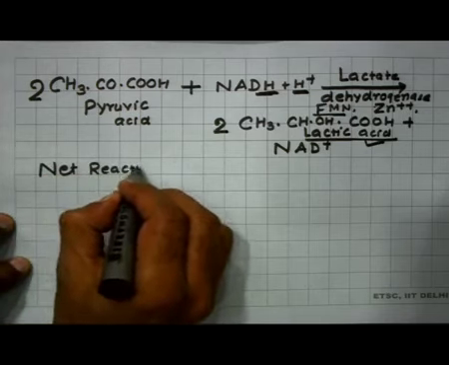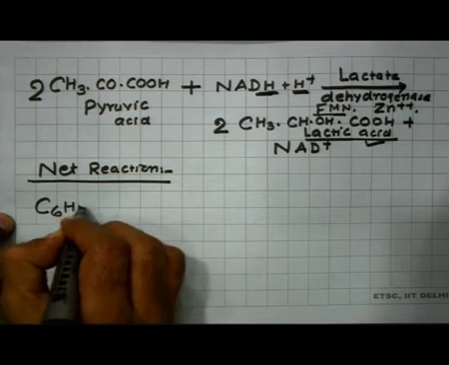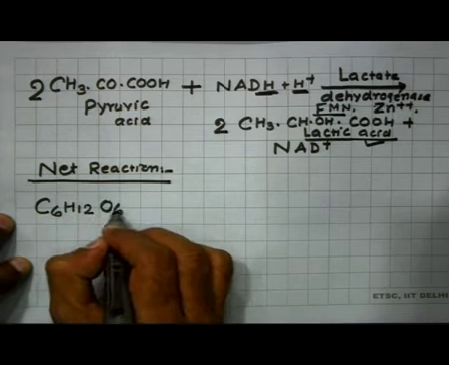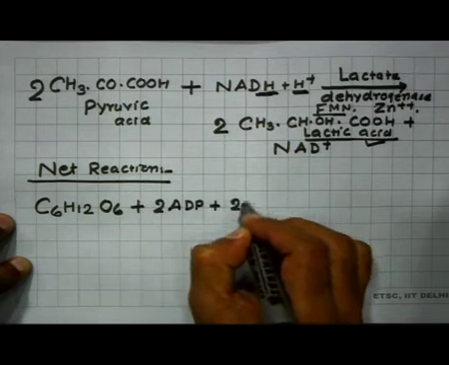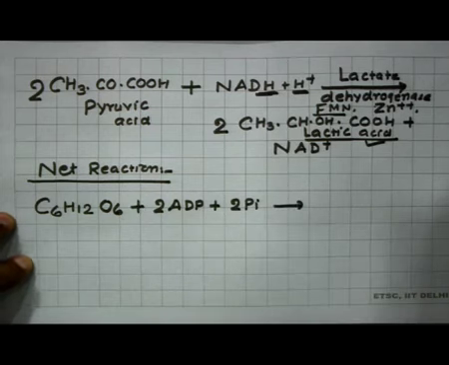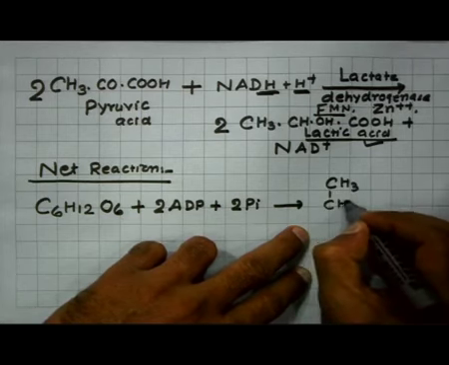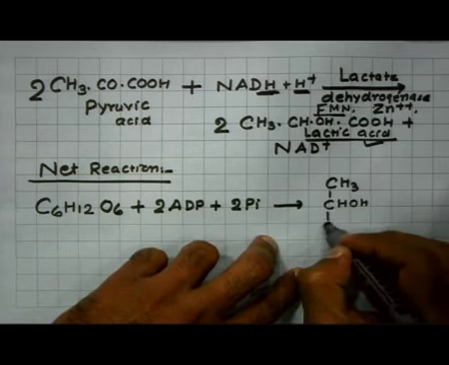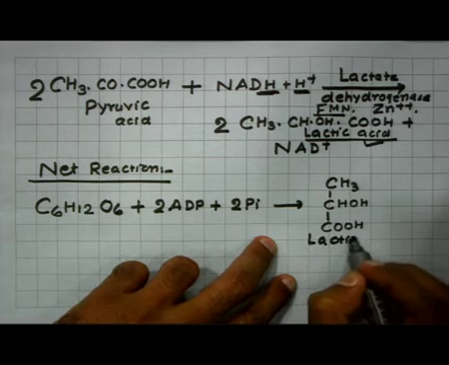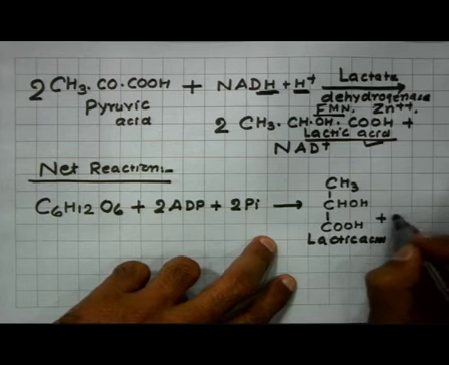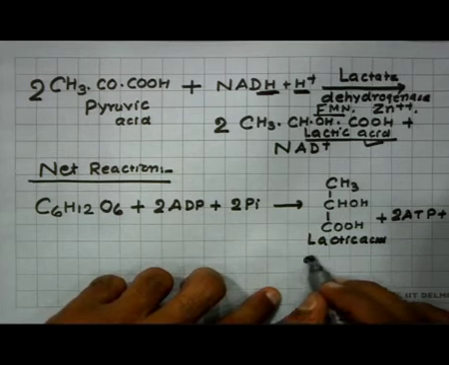So, we can summarize this reaction. The net reaction of lactate fermentation, starting from the glucose C6H12O6, uses 2 ADP plus 2 Pi and is converted into CH3CHOHCOOH, that is lactic acid, plus 2 ATP and twice H2O.